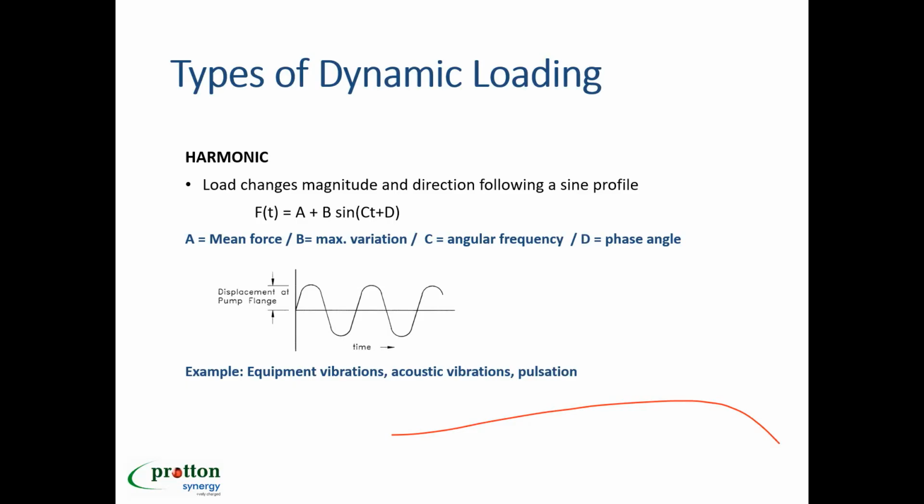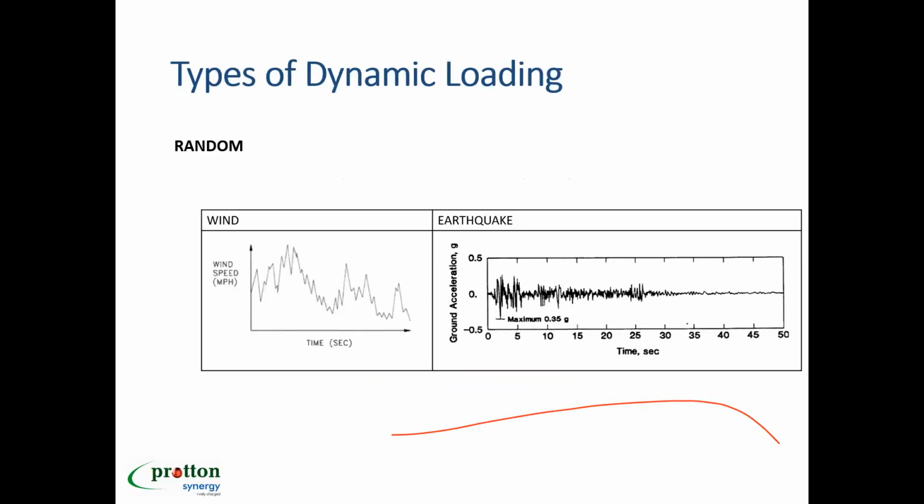Now the random analysis, what we have seen earlier, it has got two ways of doing this, which I was talking about earlier. You can do it as a response spectrum, and you can do it as a time history as well. So response spectrum, it is nothing but you know the responses as pre-recorded responses for different frequencies, and then you compare the system frequencies with those and try to anticipate the responses and do the analysis.